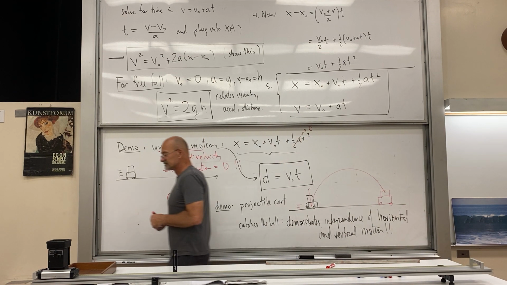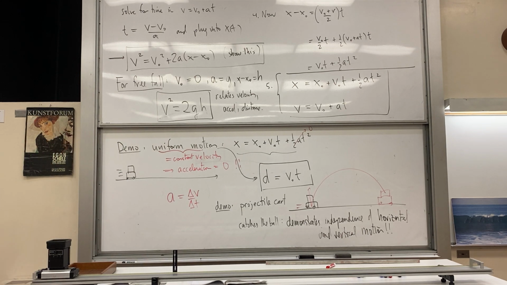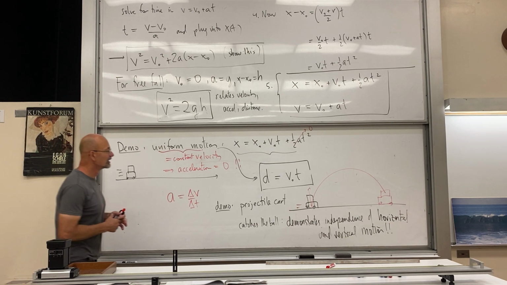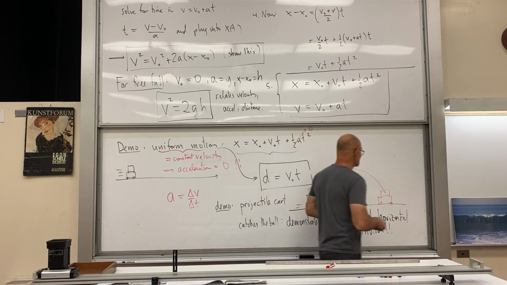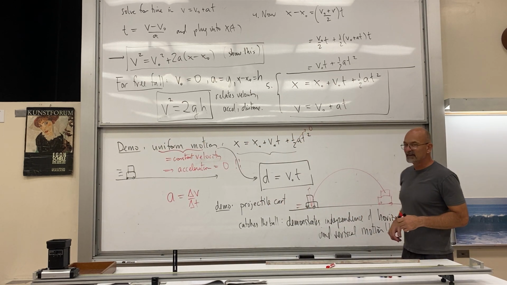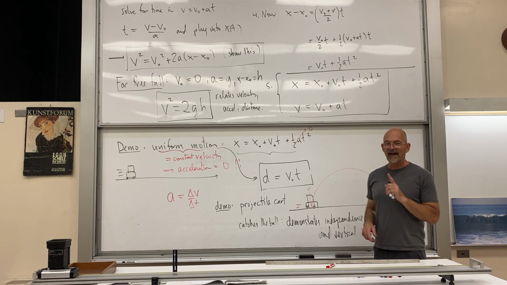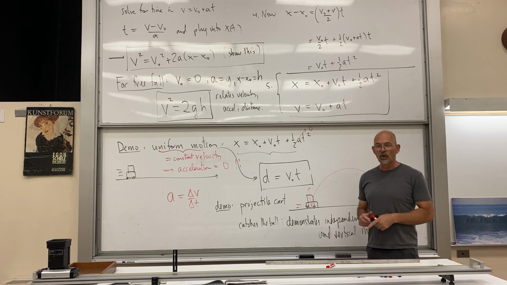Important point. Okay, now let me see if I have time to talk about satellites. Yes, I do. This is going to be perfect. So what does this have to do with satellite orbits? Everything. We have all the ingredients in place to figure out how fast a satellite has to go to successfully orbit Earth.